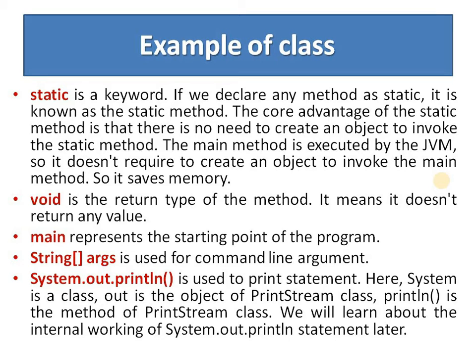Now system.out.println is used to print a statement. Here system is a class, out is the object of PrintStream class. Println is the method of PrintStream class. We will learn about the internal working of system.out.println in another session.